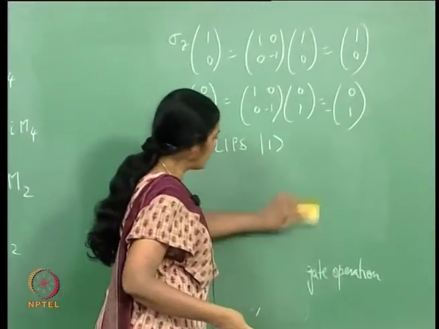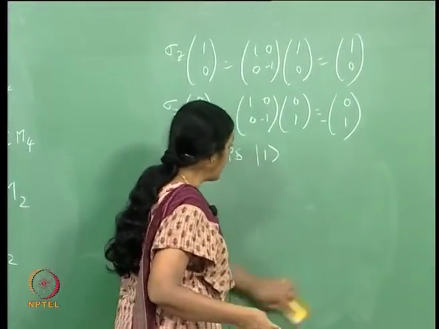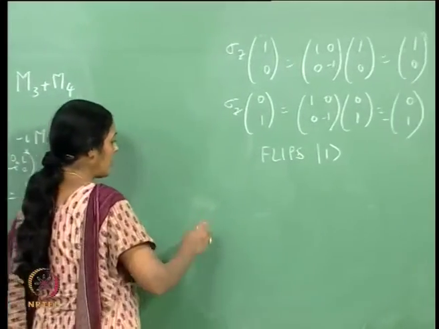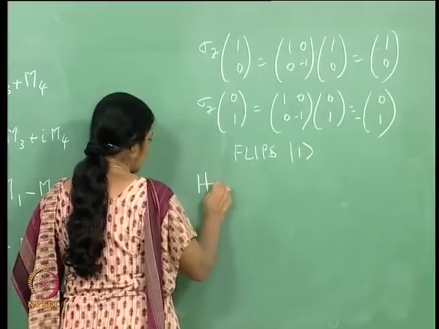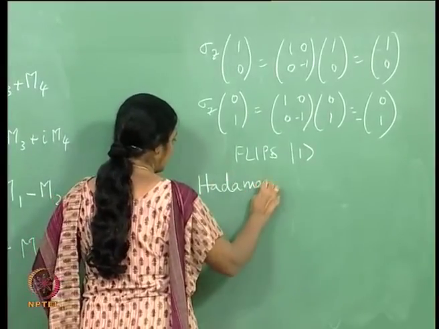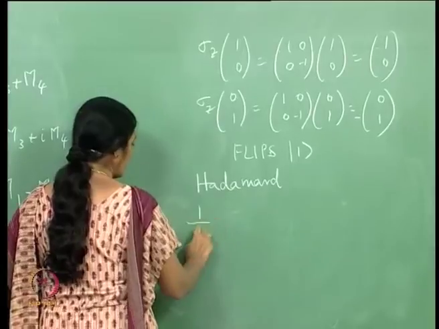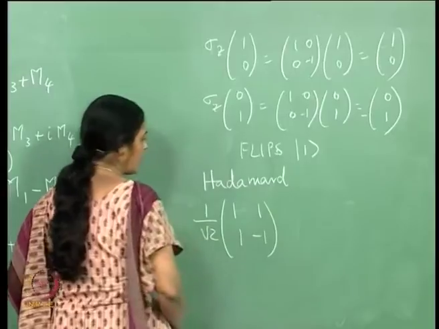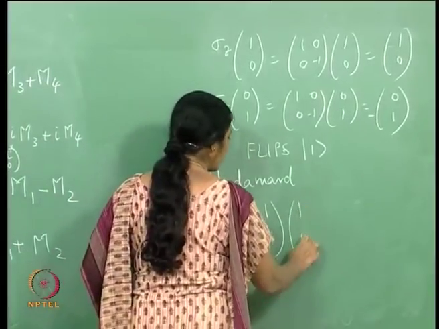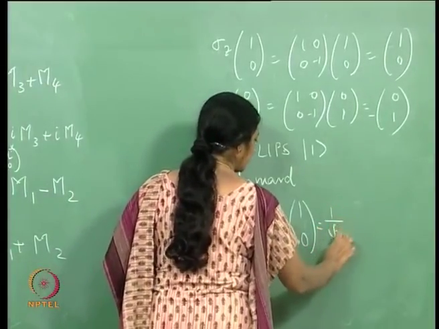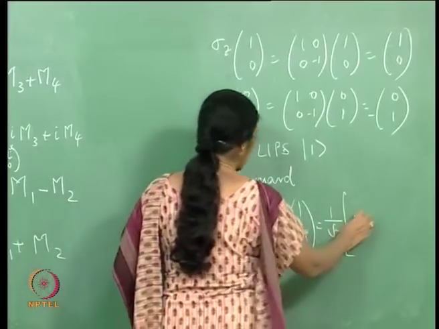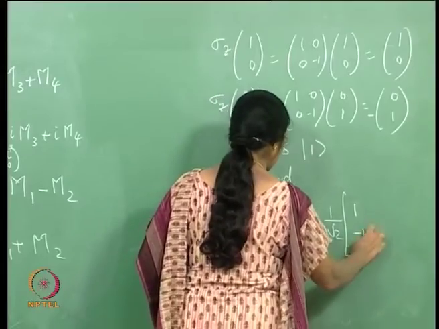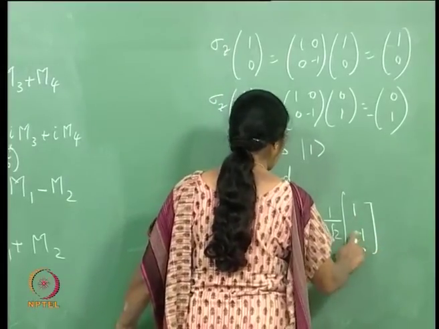So that is another important quantum logic gate operation which is carried out by the Pauli matrix. To complete the picture, there are of course many important logic gate operations, but right now I will talk about the Hadamard operation, and that just has 1 by root 2 times (1 1; 1 -1). What would this do to (1, 0)? It just takes it to another state which is (1, 1).